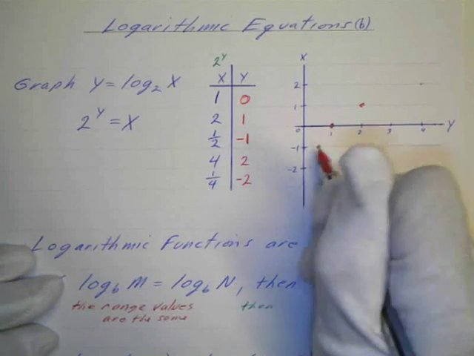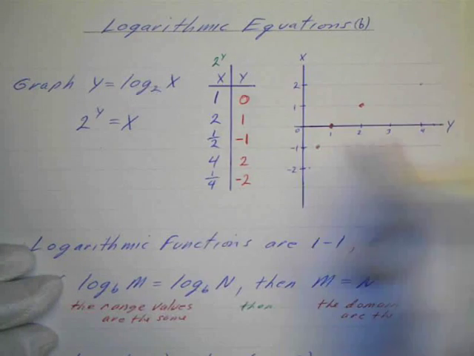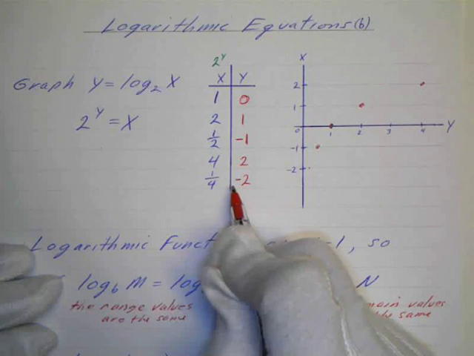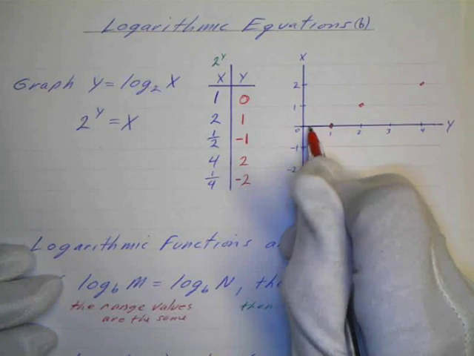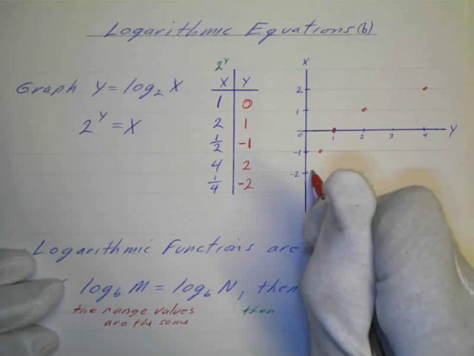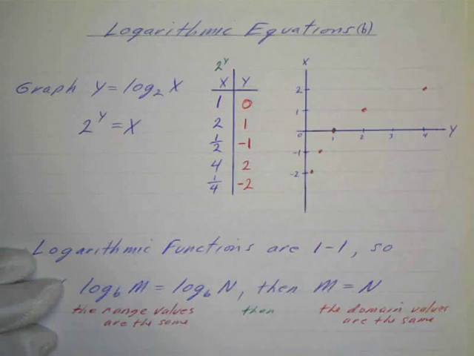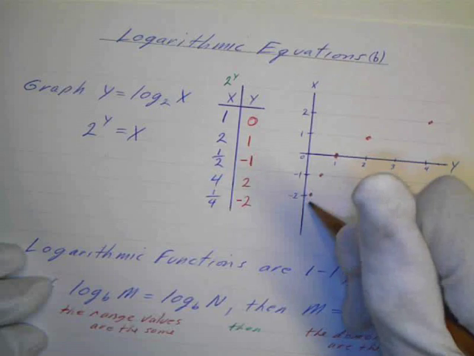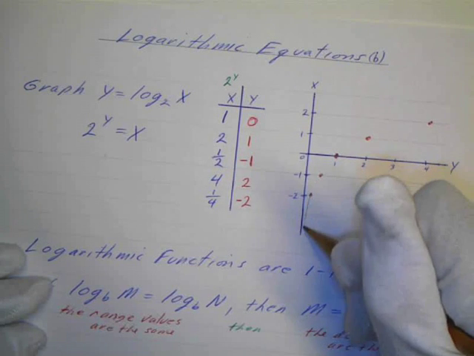You see negative 1 there. When x is 4, y is 2. And when x is 1/4, just like this, y is negative 2. So I can get some nice values like that. Now I'll connect those with a smooth curve. I'm going to use a pencil so in case I mess up, I can erase it.